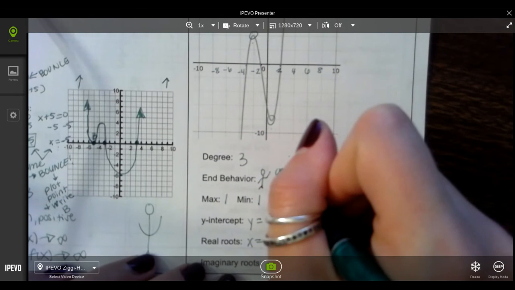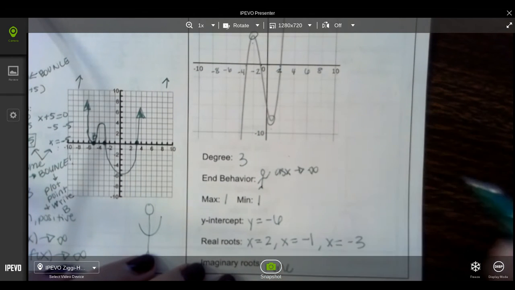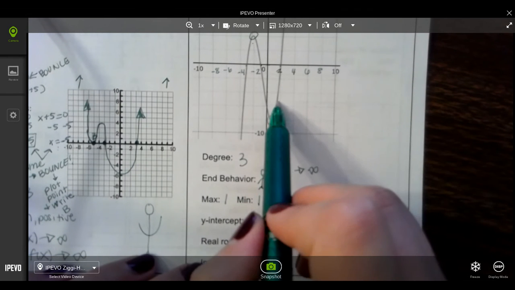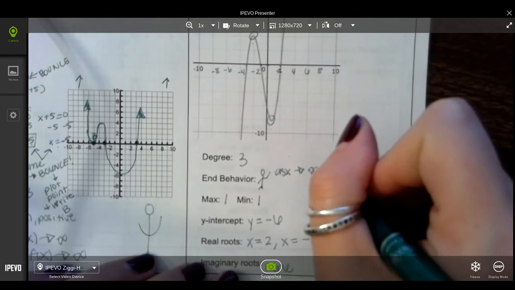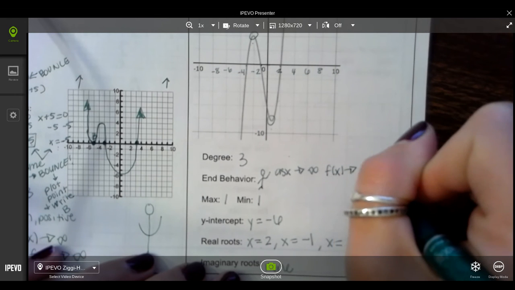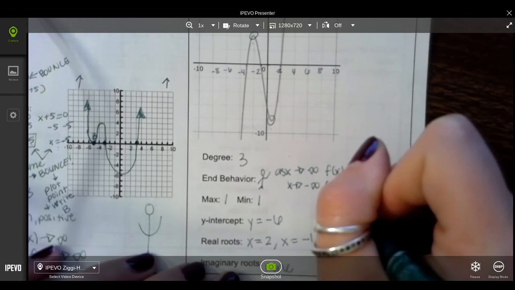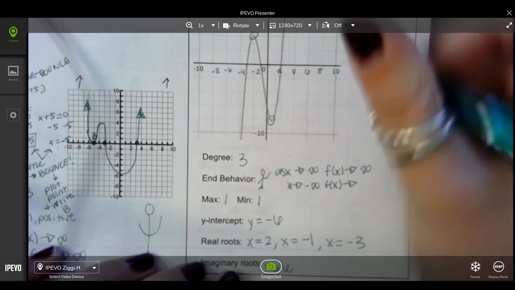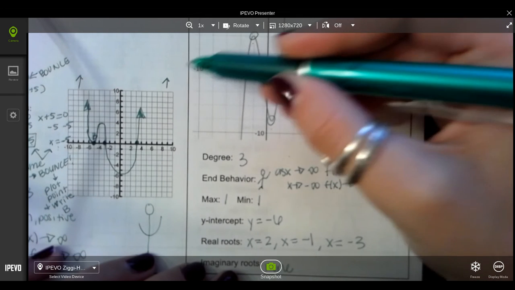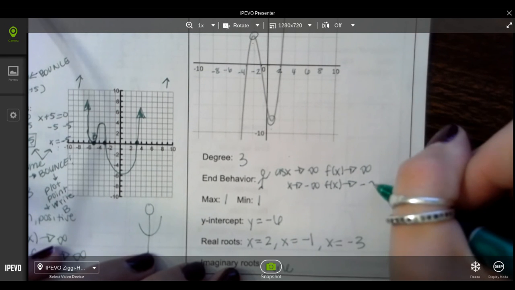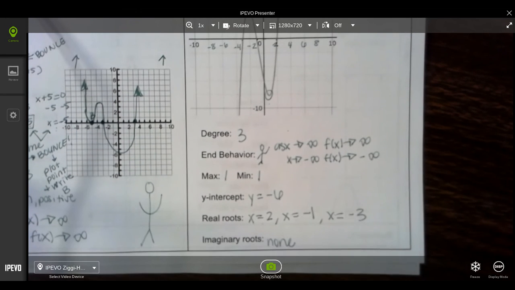So that means as x goes to infinity, as x is going positive to infinity, my function is going up to positive infinity as well. But then as x goes to negative infinity, my function is going down to negative infinity. All right, I'll see you in class.